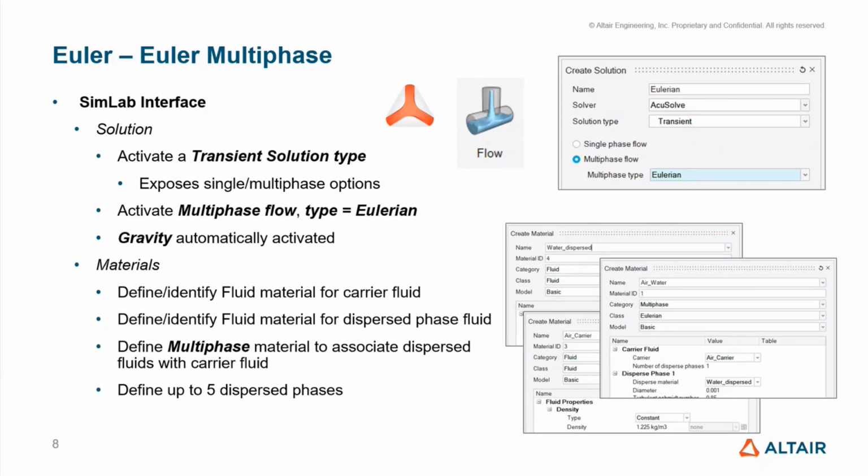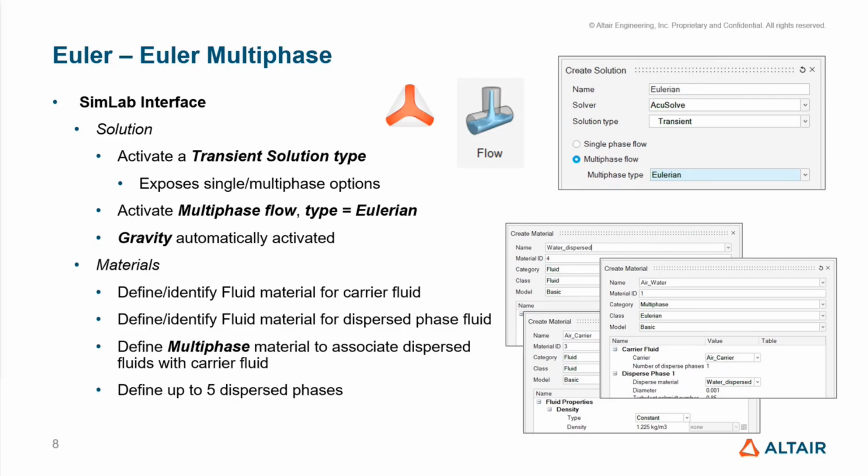In the SimLab interface to AcuSolve, to access Euler-Euler multi-phase, users will create a transient flow solution, then activate multi-phase flow type Eulerian. Gravity is automatically activated for transient multi-phase, and users should be sure to check the direction.